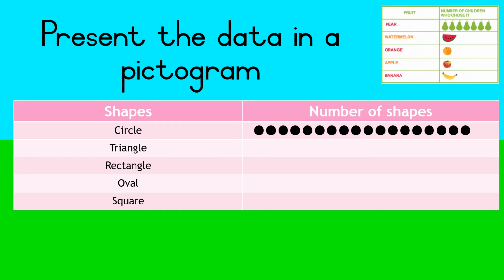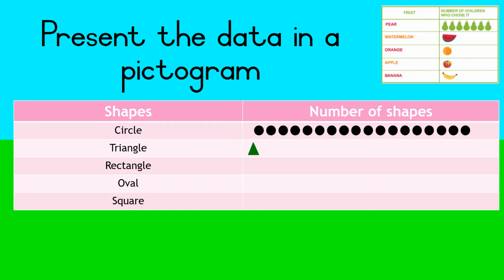Now it's the triangle's turn. How many triangles were there in the picture? There were 20 triangles in the picture. So with what am I going to present the triangles? You've got it right. I'm going to present the triangle with a triangle.